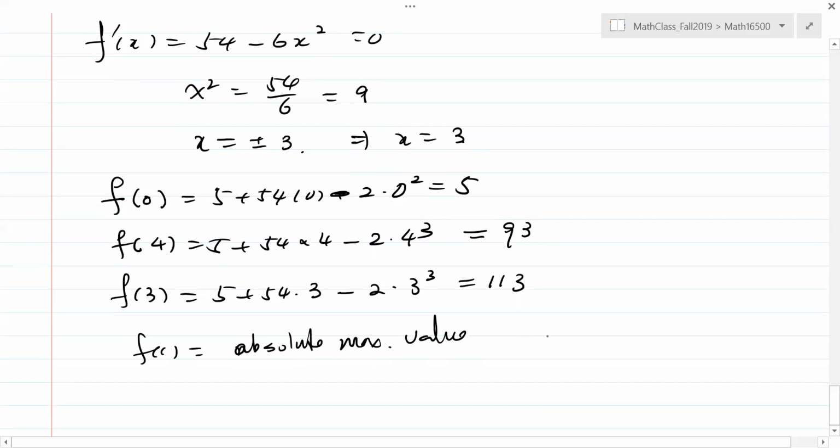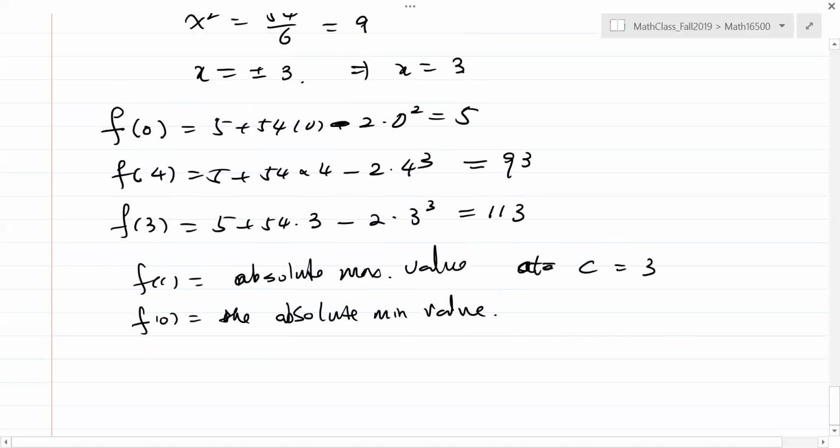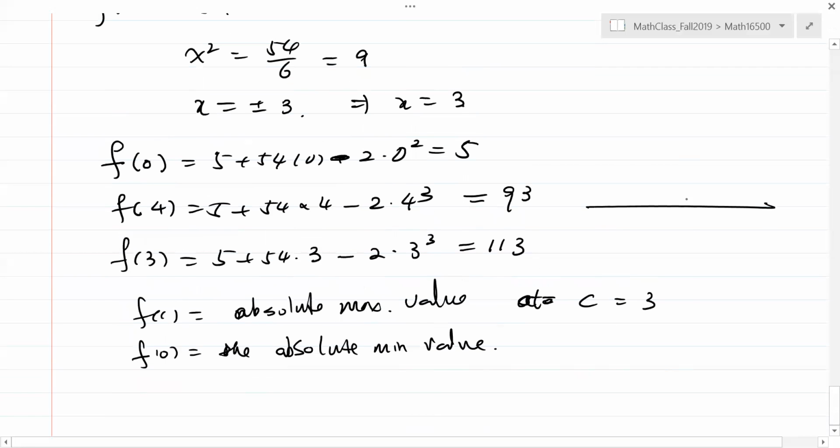So clearly c should be equal to 3. At 3 the function has the absolute maximum value. The minimum value is 0, right? f of 0 is actually the absolute minimum value, at one of the endpoints. If you draw the graph, it goes like that.